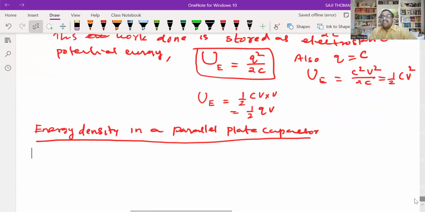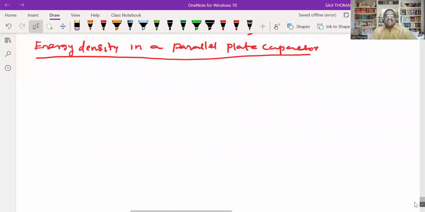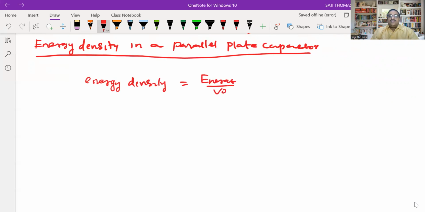Energy density is the energy per unit volume. Between the parallel plate capacitor, there is a space. So energy stored per unit volume in that space is known as energy density. So how will you find out energy density? Energy density is energy by volume.